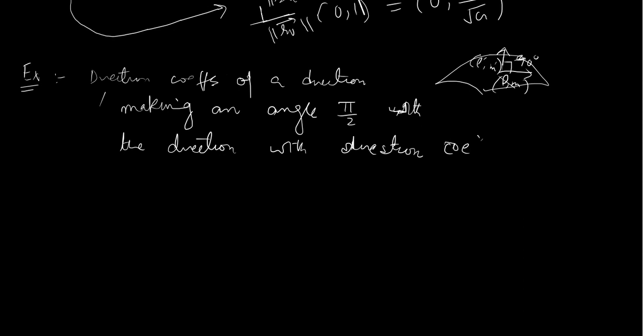You just have to solve two linear equations, then you will get the answer. So I leave it to you. It's already solved in your notes, but I expect you to do that. Try it.